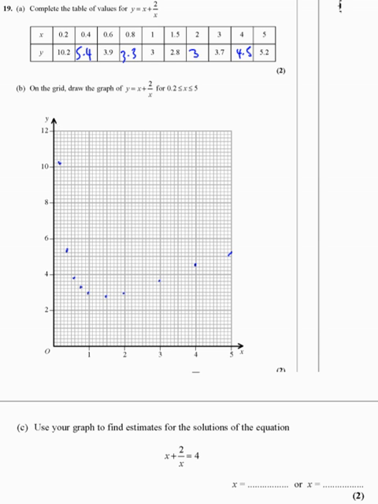Okay, so when you join up the graph, make sure it doesn't touch the y-axis because it shouldn't. You should get a smooth curve like so.